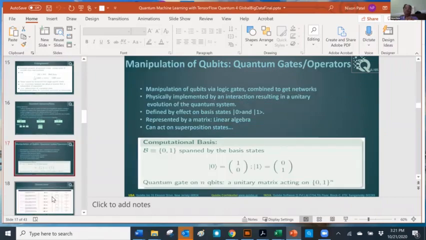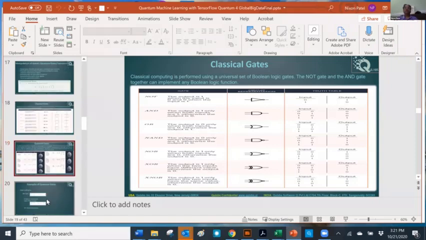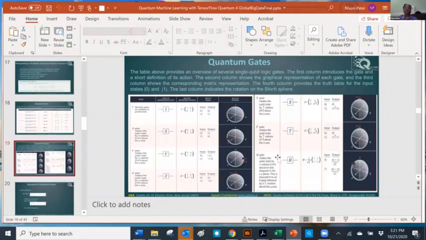And then there are ways to manipulate these gates to do calculations and logic gates, through rotations and by applying different mathematical techniques. So these are typical classical gates, your AND, NOT, NOR, NAND, all these general things which you're, I guess, familiar with. And their equivalent quantum gates are these.